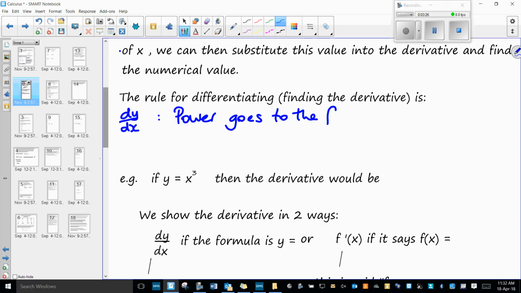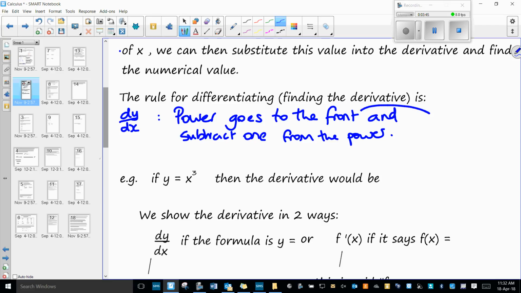And good. Subtract 1 from the power. That's essentially what you need to know. The power comes in front, and then you subtract 1 from the power. Now, when we bring the power to the front, what are we actually doing to it? It's becoming multiplied. Yeah.